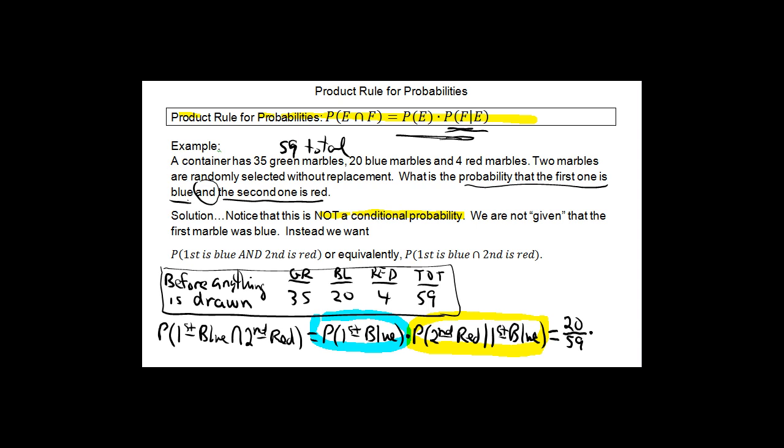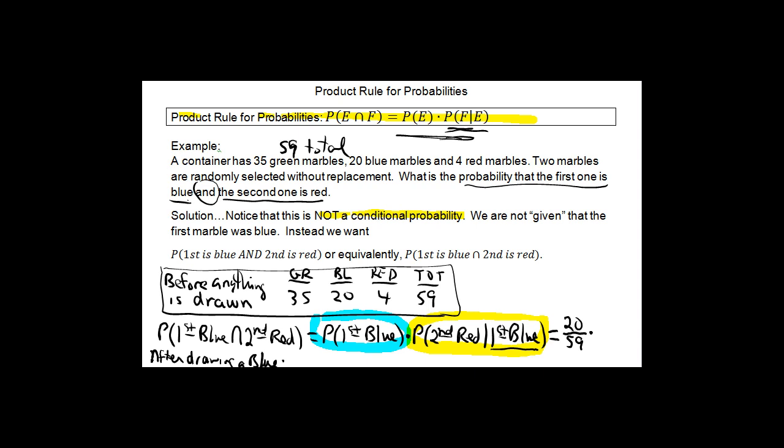So for that part, we have to look again at where we stand, because for the conditional probability part, we know that the first one was drawn blue. If the blue one was drawn, after drawing a blue, this chart gets modified.